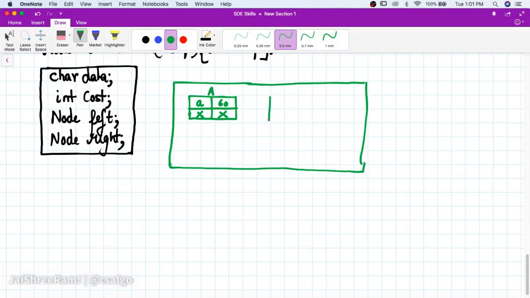Then I will also be having a node for B. So this was A, this is B. Its data will be B, its cost will be 30, its left will be null and its right will be null, initially.